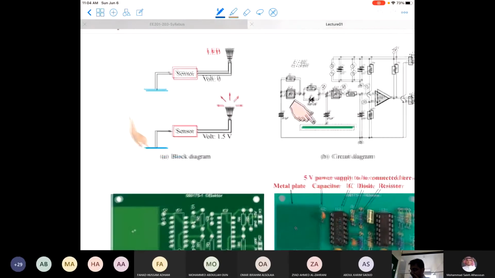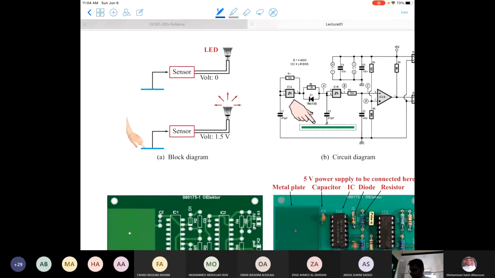So let's consider this example. You have a system. When you touch this metal, there will be a sensor, and that sensor will turn the LED on. It's sensing whether you touch this metal plate or not.